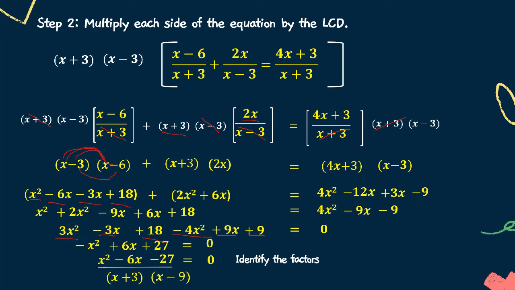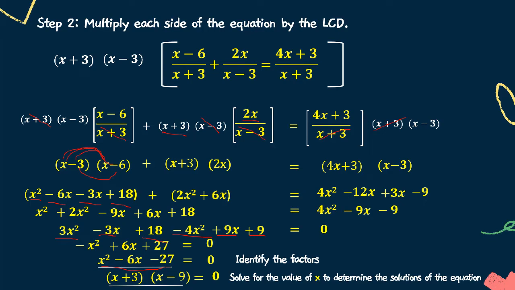So, next is we have to simplify this quadratic equation. Simplify by factoring. So we have to identify the factors of this quadratic expression, and these are x plus 3 and x minus 9. I know we have already discussed how to factor quadratic polynomials, and that is also equal to 0.